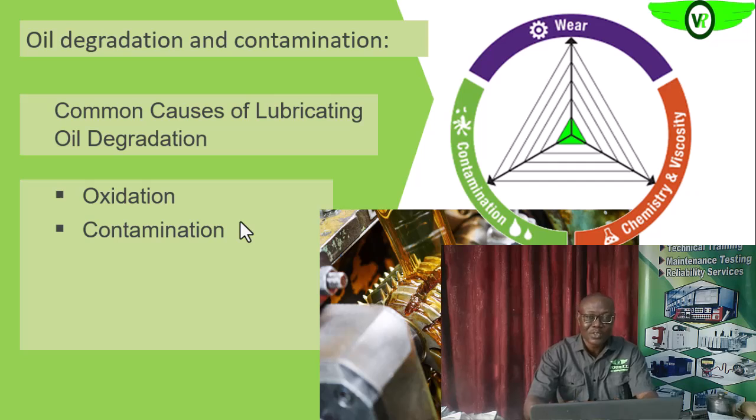And we also want to be sure that we operate the equipment rightly, so that maloperation will not lead to oxidation that will eventually lead to the formation of things like sludge that we talked about earlier, which will also affect the chemistry of the oil.